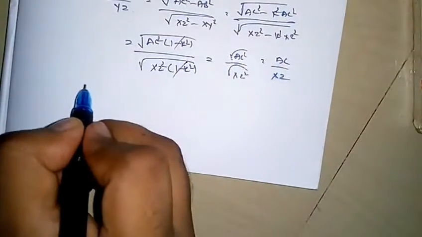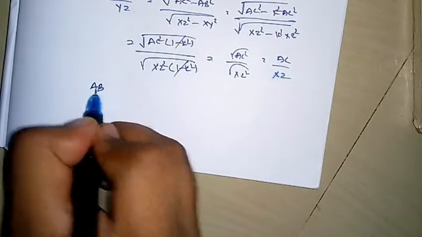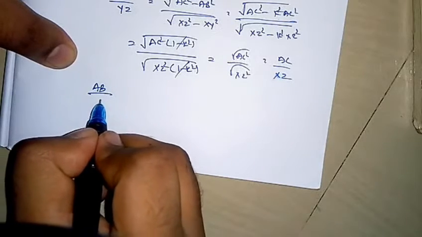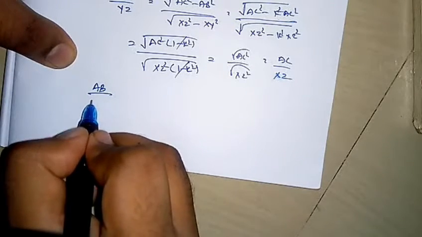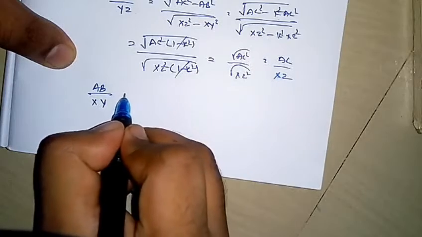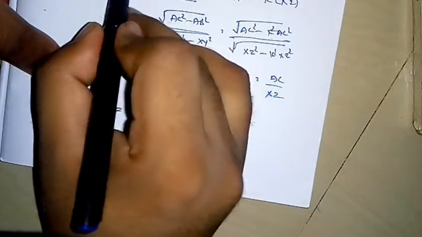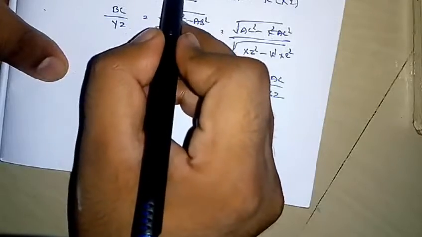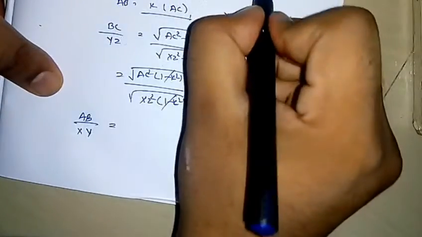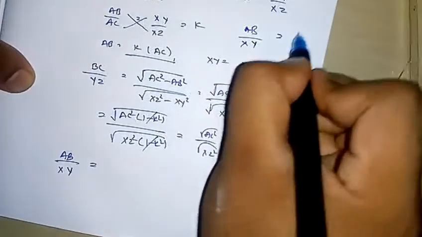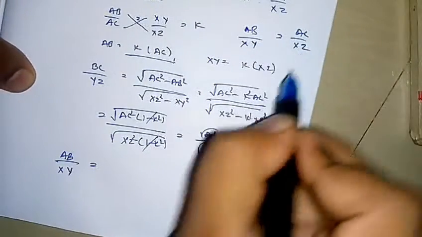So you got, you are given AB by AC is equal to XY by XZ. Cross multiplying, you get AB by XY is equal to AC by XZ.